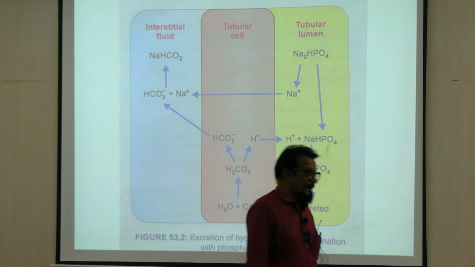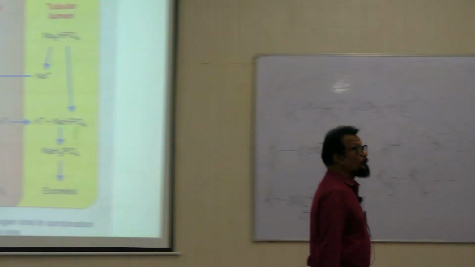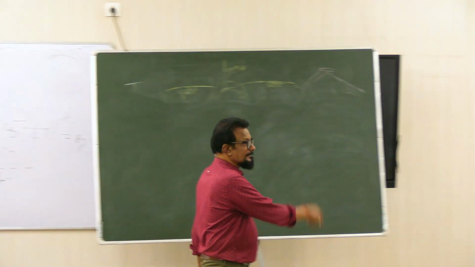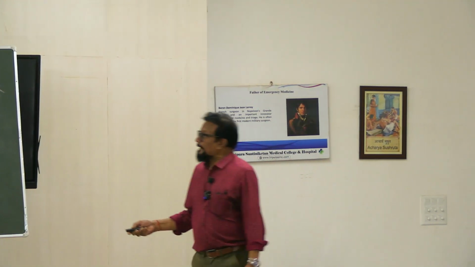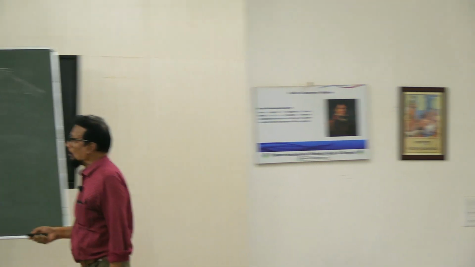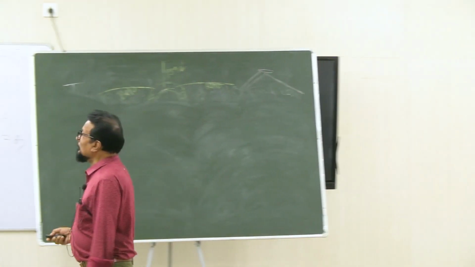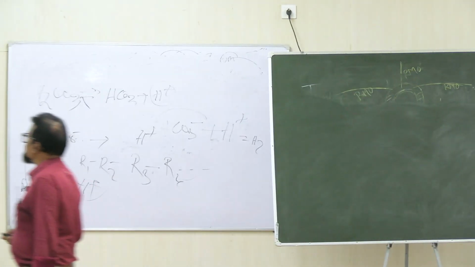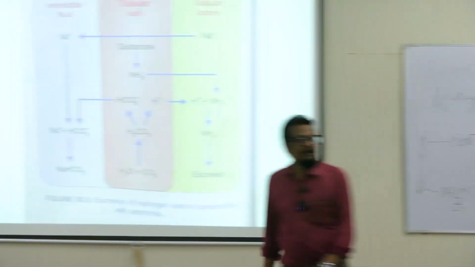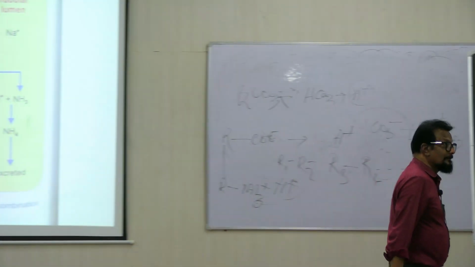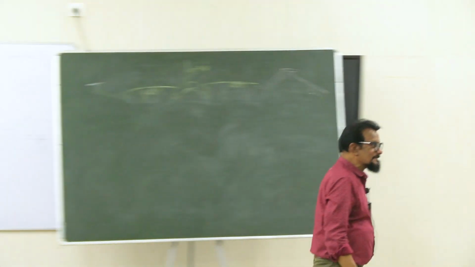Okay, another mechanism left, that is the ammonia mechanism, that is present only in the collecting duct. What is this mechanism? Ammonia comes from what? From deamination.